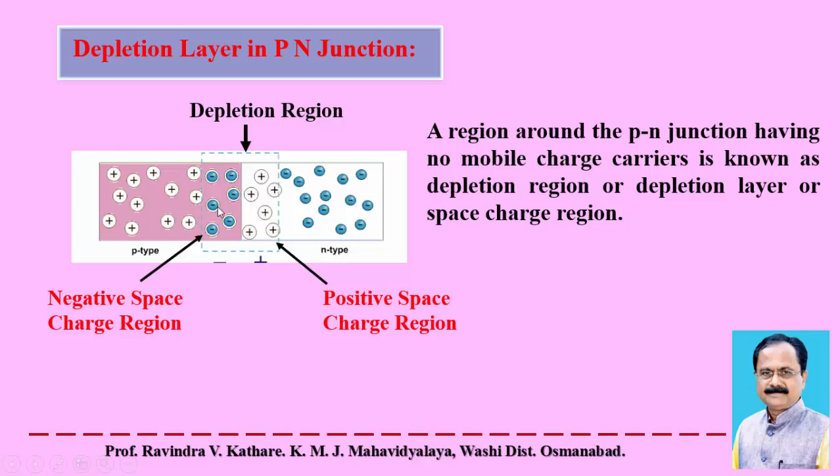These negative ions are called acceptor ions and these positive ions are called donor ions. So these negative and positive ions are nothing but the space charge region. The space charge region on both sides of the PN junction is called the depletion layer or the depletion region.